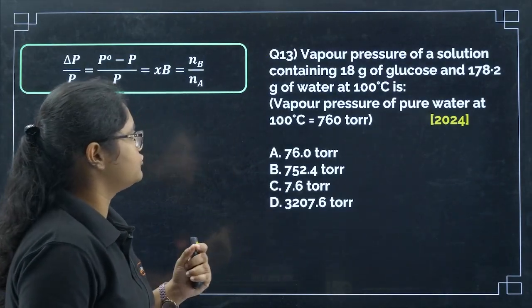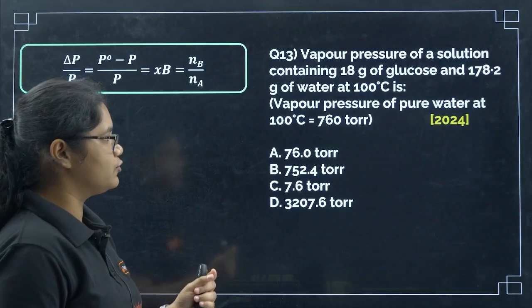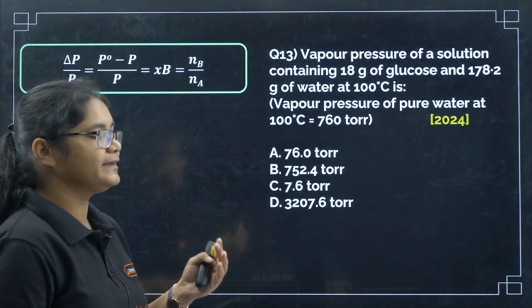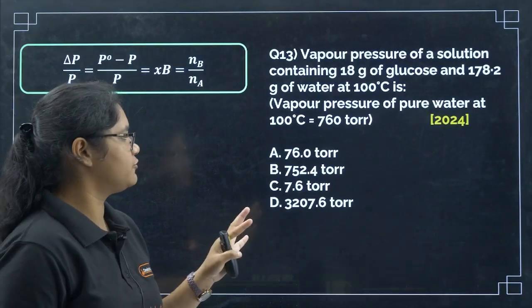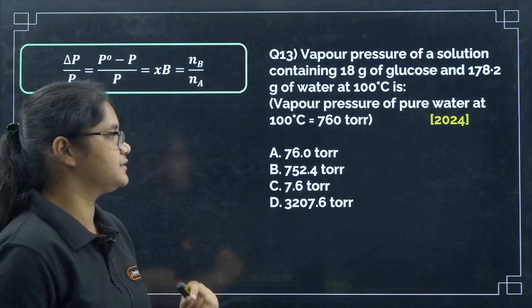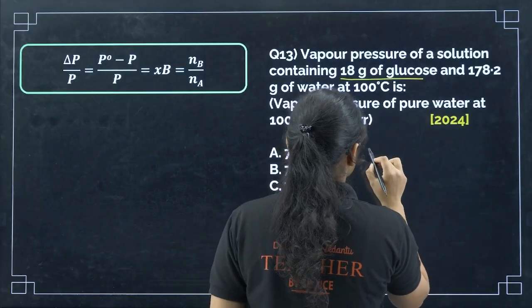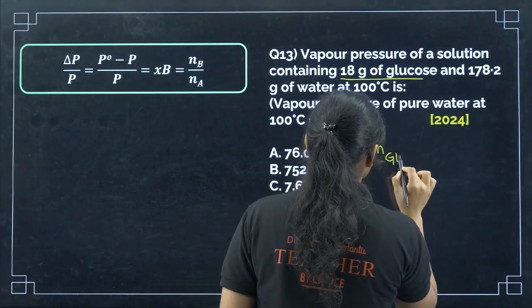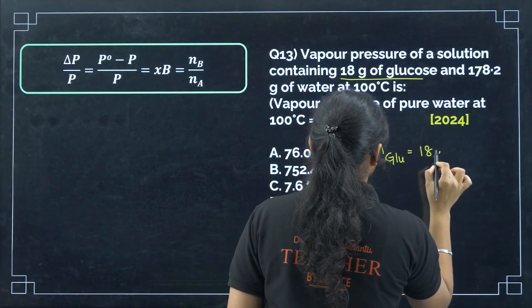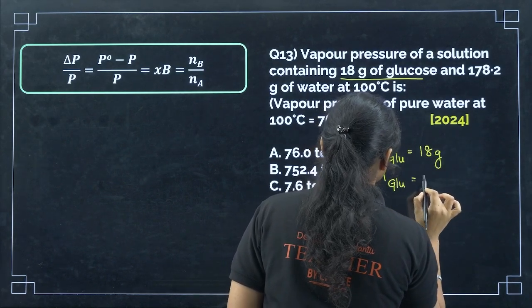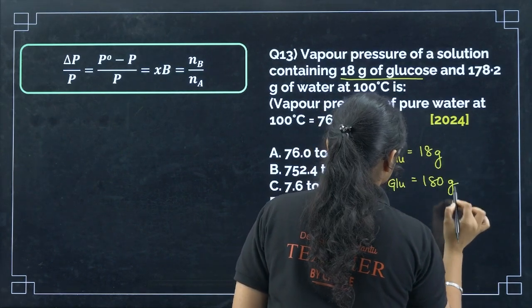Vapor pressure of a solution containing 18 gram of glucose and 178.2 gram of water at 100 degrees Celsius is asked, and the vapor pressure of pure water at 100 degrees Celsius is given to you. So I have mass of glucose, which is 18 grams, and molar mass of glucose, which is 180 grams.